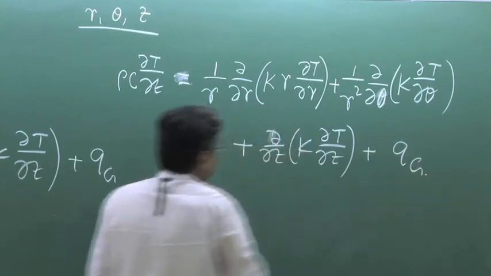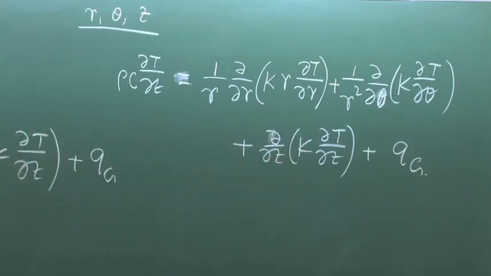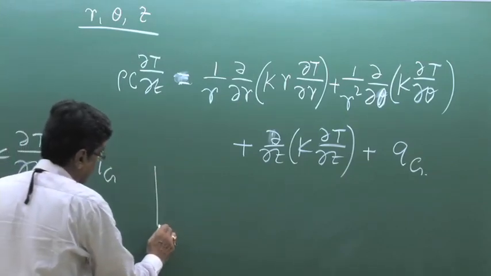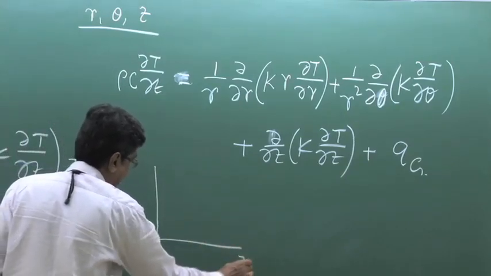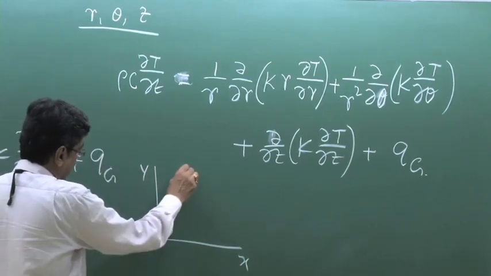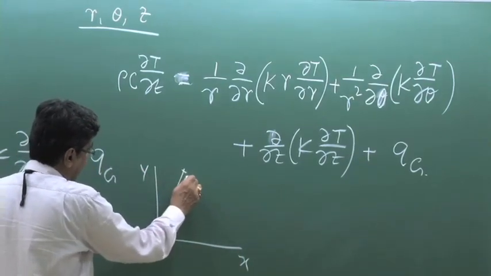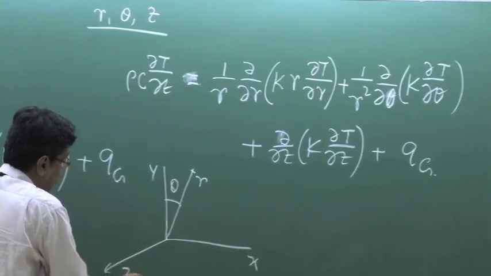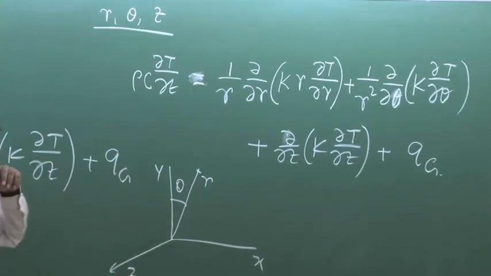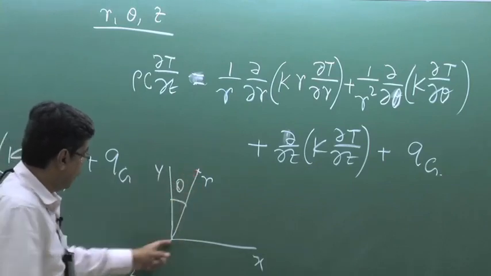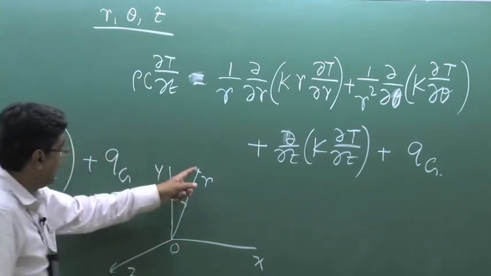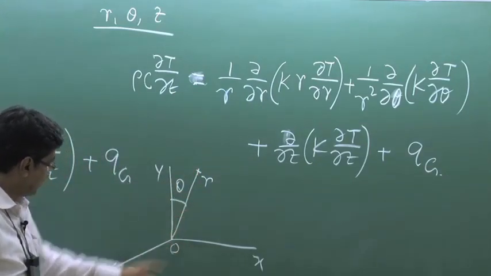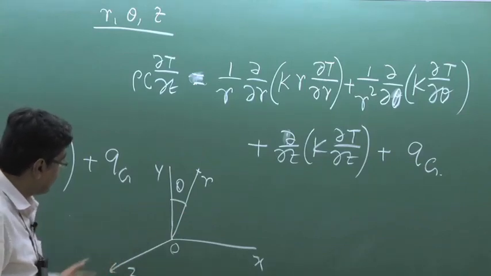That means in a cylindrical polar coordinate system, if we define it like this, in the xy plane I define a point by r and its azimuthal angle theta, and this is its location in three dimensions: from the origin by the radial coordinate r, the azimuthal coordinate theta, and the axial coordinate z.